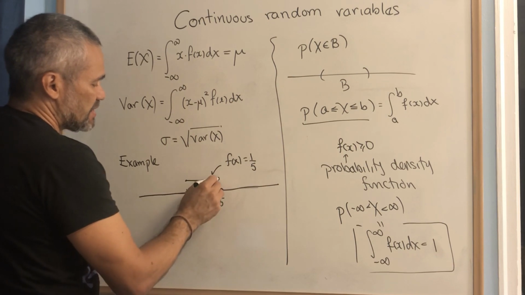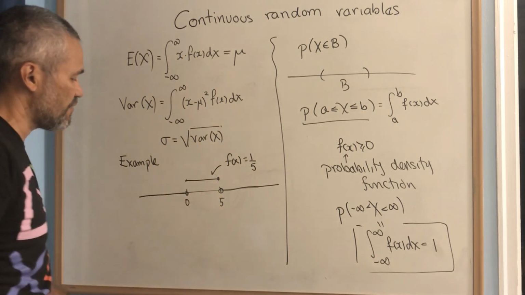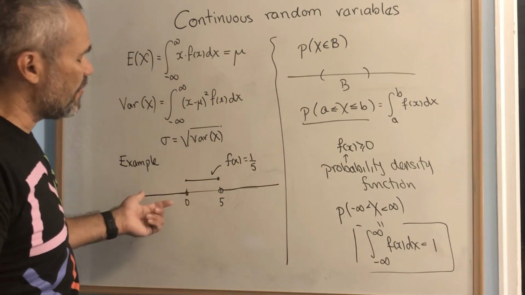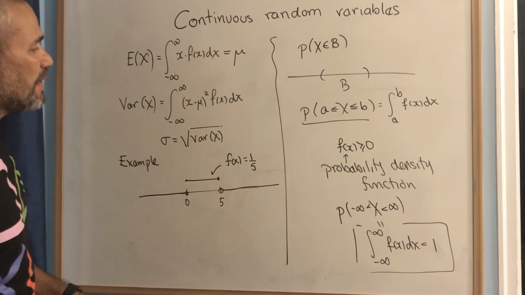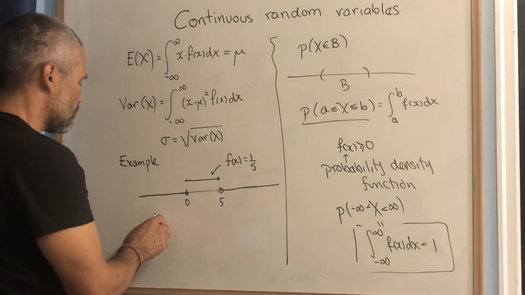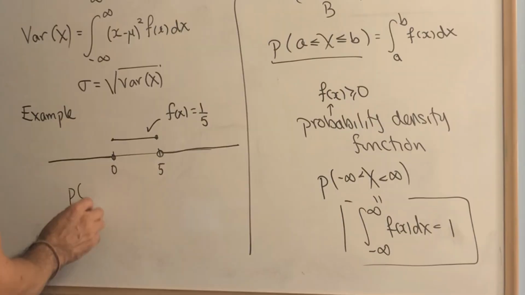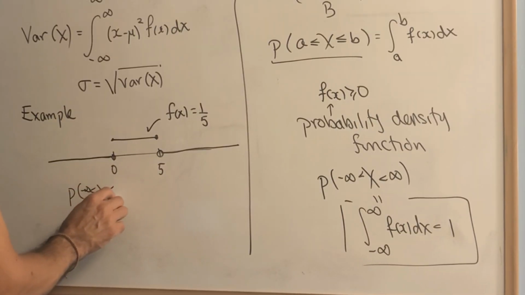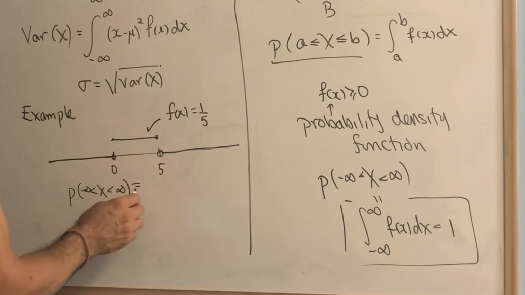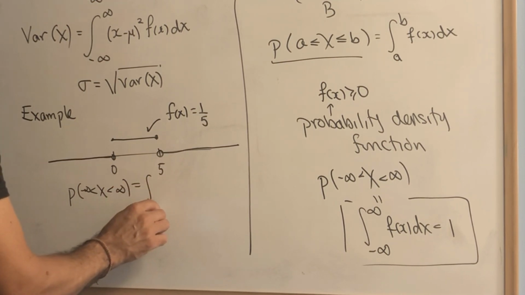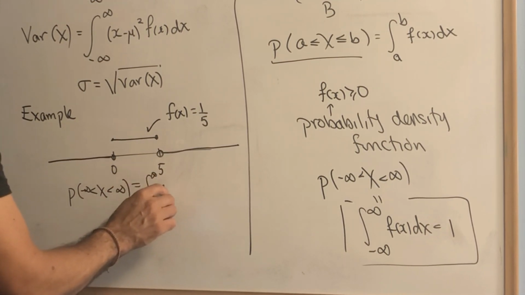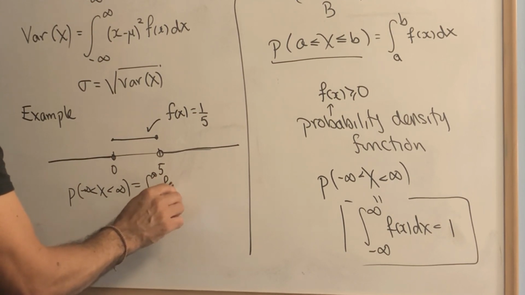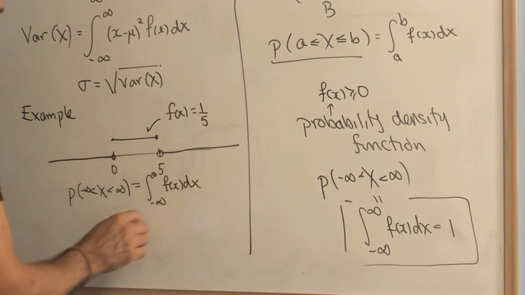That happens if x is between 0 and 5, and it is 0 everywhere else. Then let's compute the probability that x is between negative infinity and infinity. This is supposed to be 1. It is the integral from negative infinity to infinity of f of x dx.